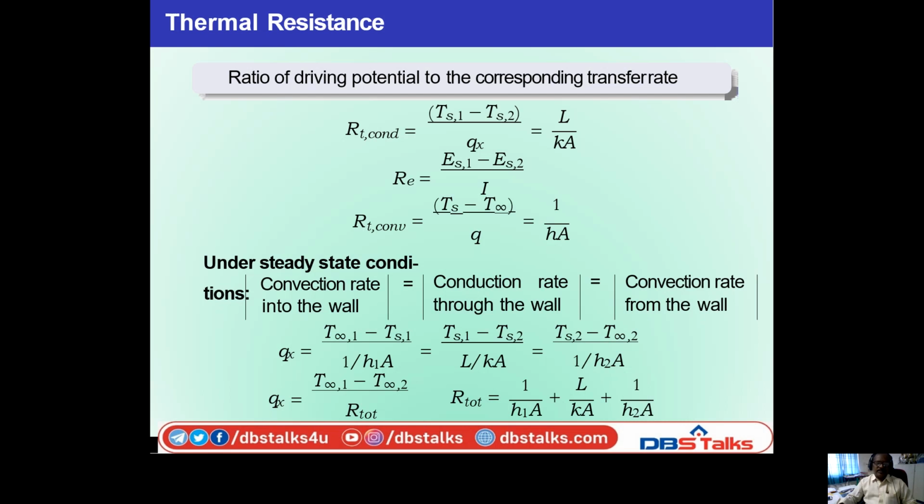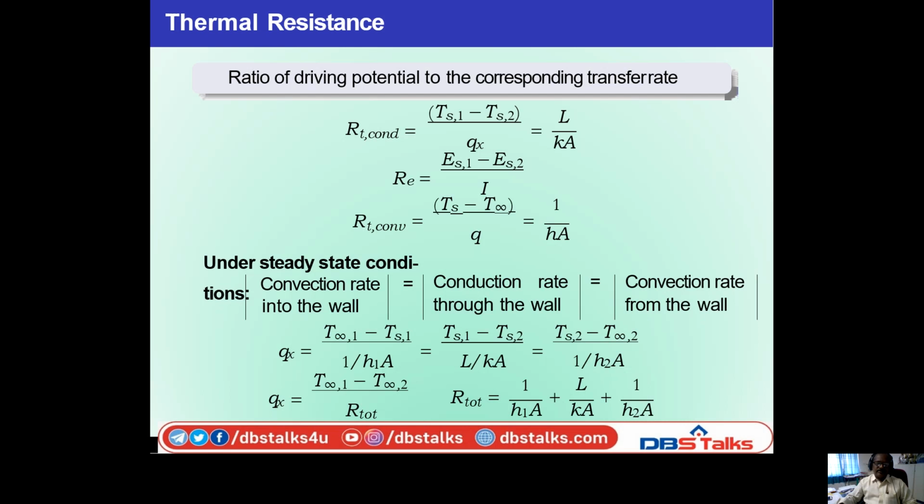Similarly, for convection, we get 1 by hA. For convection, thermal resistance is 1 by hA. For conduction, thermal resistance is L by kA.